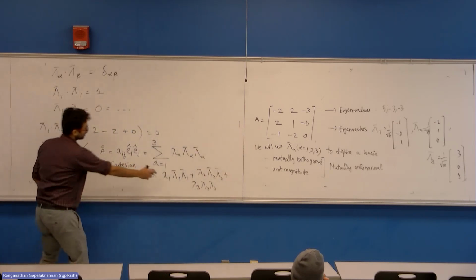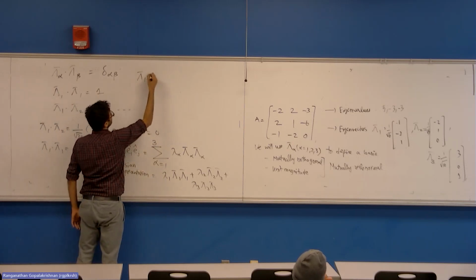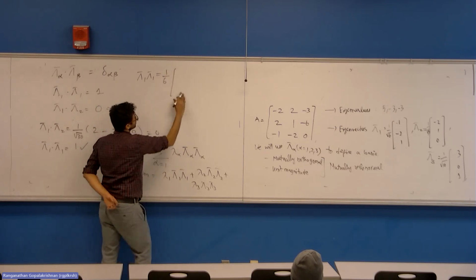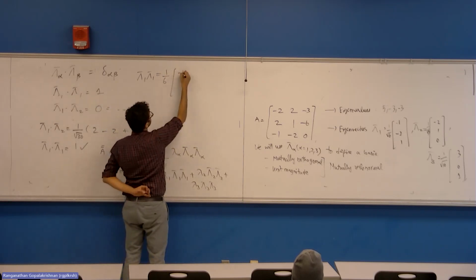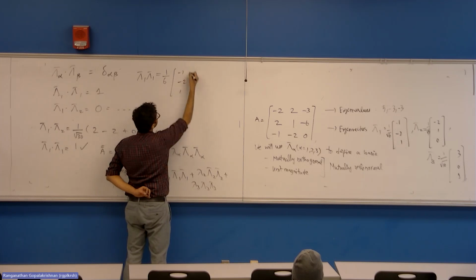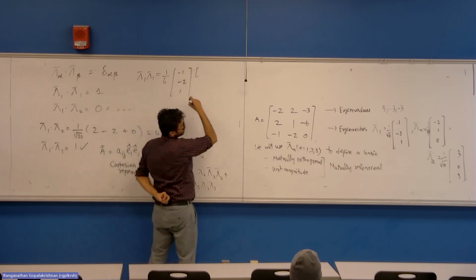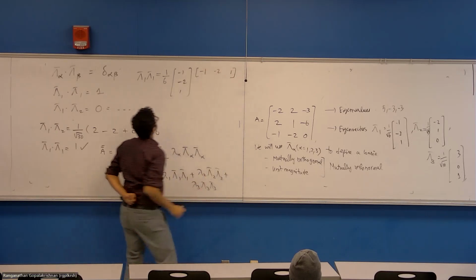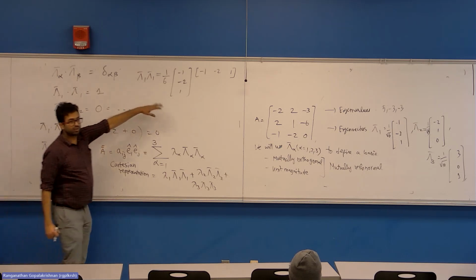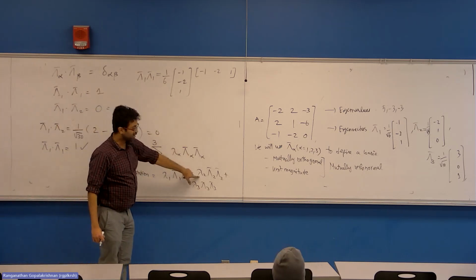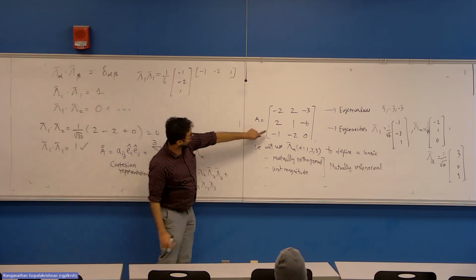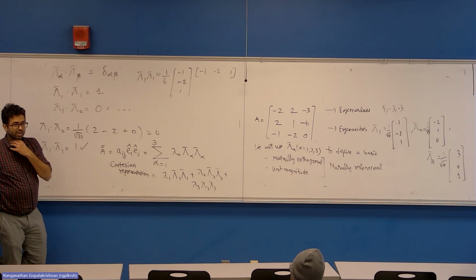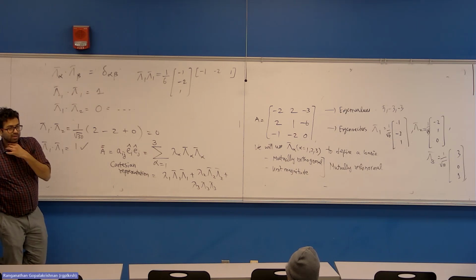Take gamma 1 gamma 1: you have 1 over 6 times (minus 1, minus 2, 1) multiplied by (minus 1, minus 2, 1). You will get a matrix, then another matrix, then another. If you add all of them up, it is a lengthy exercise, but you can try this in your free time.